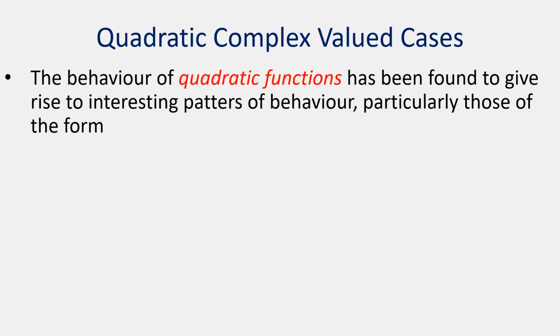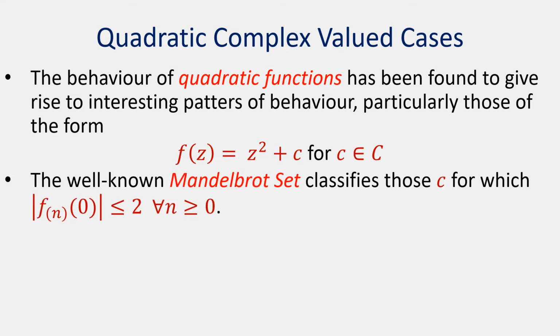The class of functions which turn out to have particularly interesting behavior with respect to iterating them many times are complex quadratic functions. So in particular, those which take the input value, they square it, and they add some constant complex number onto the end. So there's a structure which has been very widely studied called the Mandelbrot set.